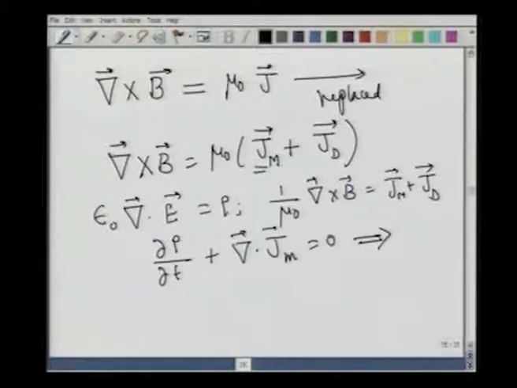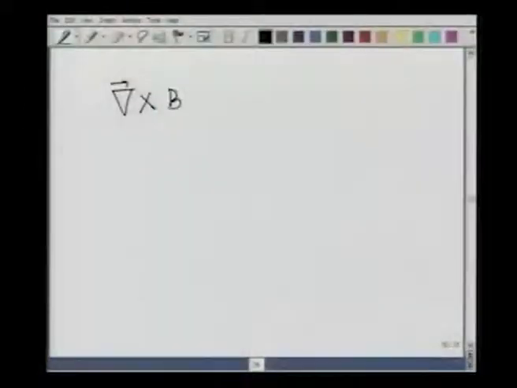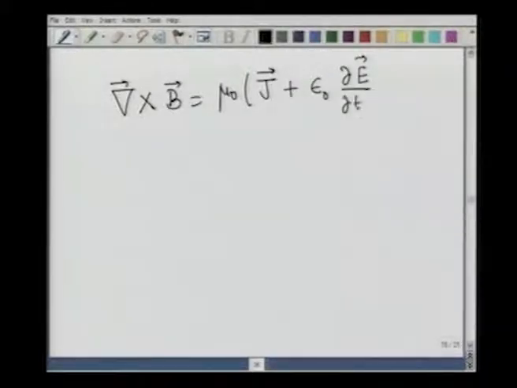All these imply, it is a matter of straightforward substitution, that Maxwell's equation gets transformed into the following equation: curl B is equal to mu naught J plus epsilon naught delta E by delta T. And this was introduced by Maxwell, and it is called Maxwell's displacement current.